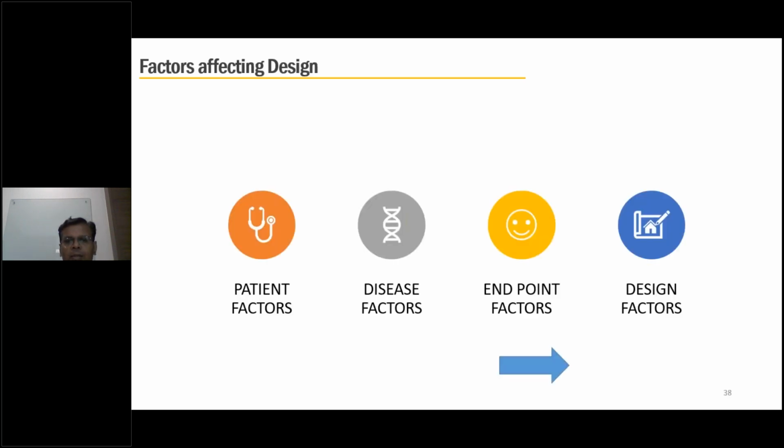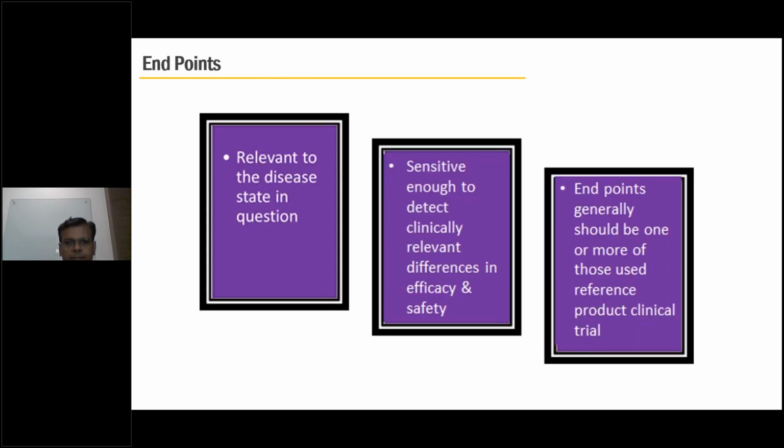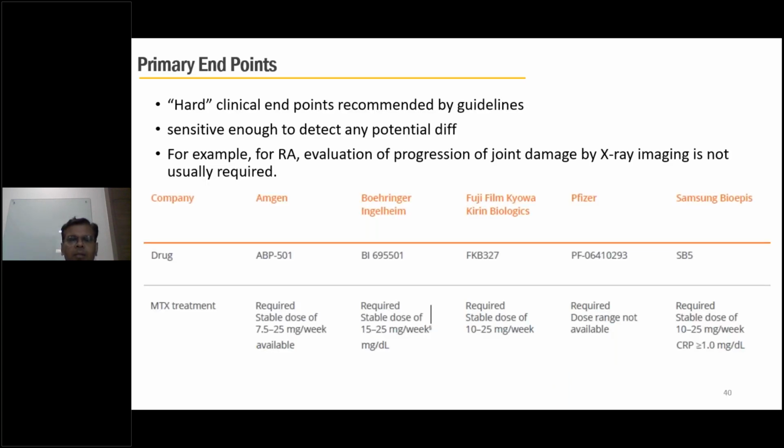So these are comparative things when it comes to the factors which affect the efficacy. Endpoint is anyway one of the main ones. So you should have a tough endpoint, based on the regulator. For example, in rheumatoid arthritis, you could evaluate the progress of joint damage by an X-ray, but that's not tough.